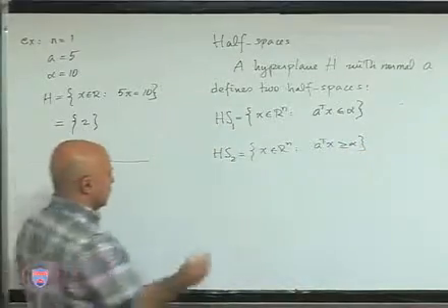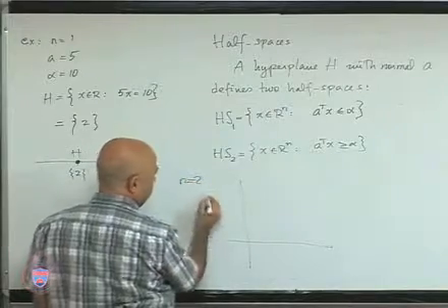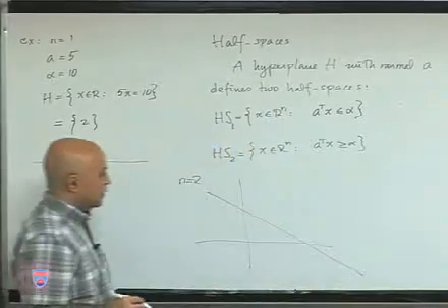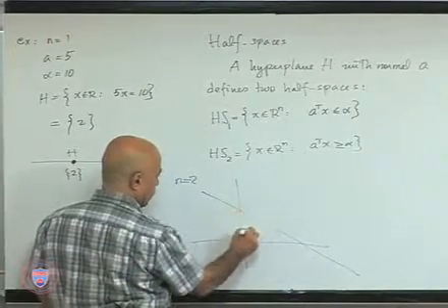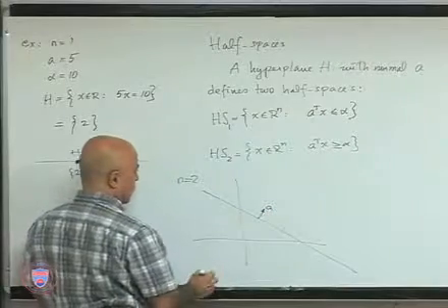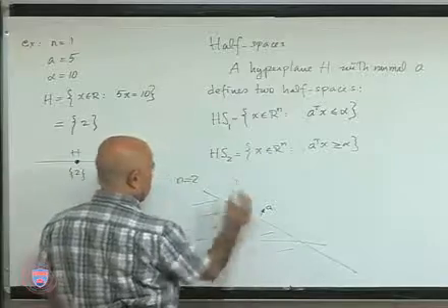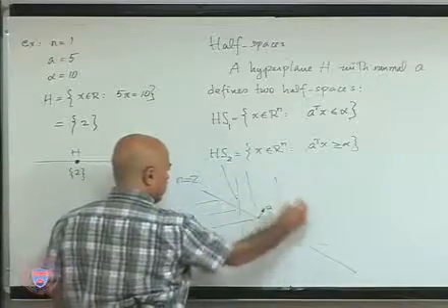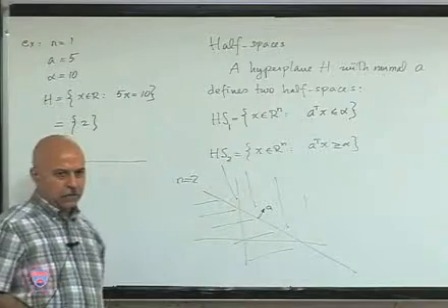So in the previous example, for n equals 2, with the normal perpendicular to the line, you've got one half space here and the other half space here. Each half space contains the line as well.